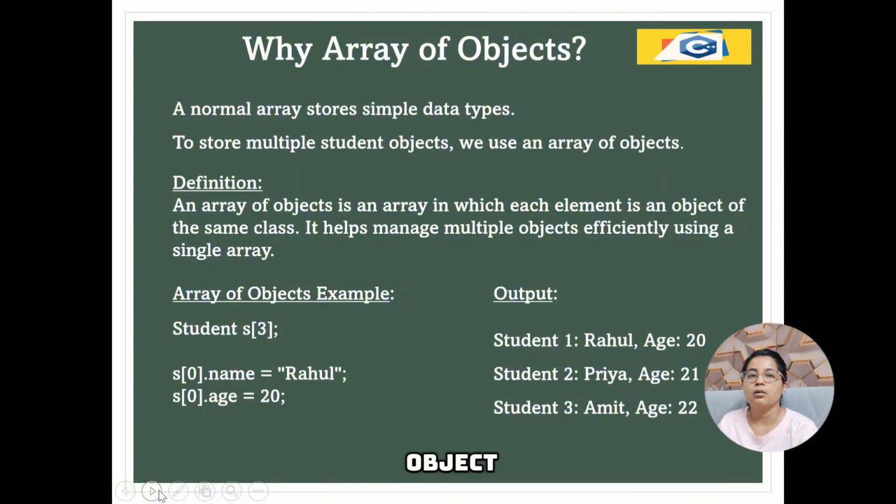Using object name dot method name, right? So if I want to deal with 3 objects, you can see the example here. Student is the name of the class, S is the name of the array and 3 is nothing but the number of objects we want.